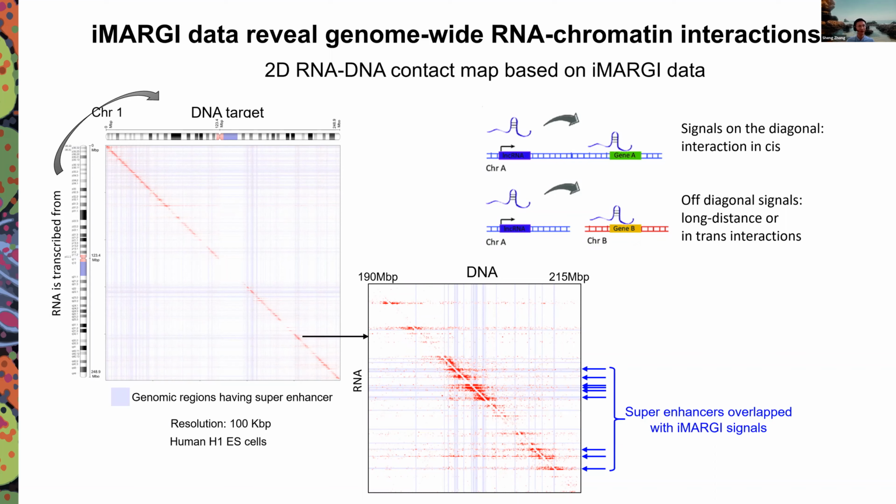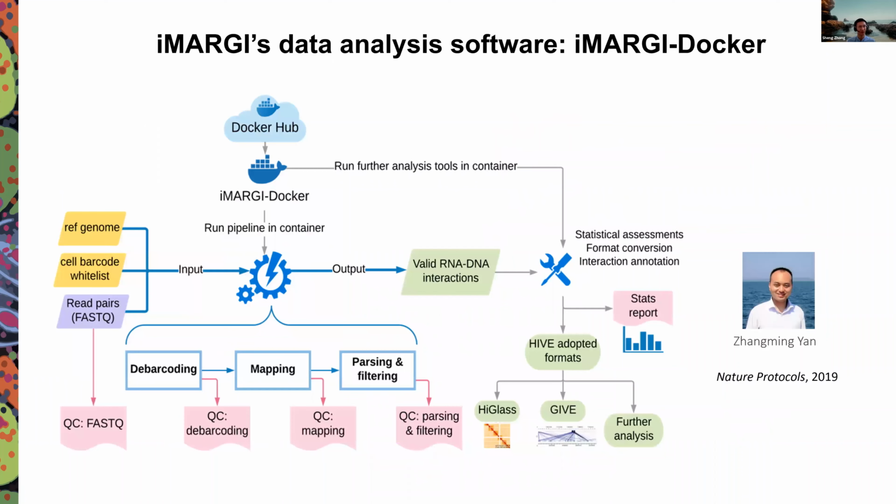So the data analysis pipeline has been packaged into a software tool that doesn't require compilation or tuning. It utilizes Docker technology, which enables anyone, on any computer running any operating system, to directly run this software.